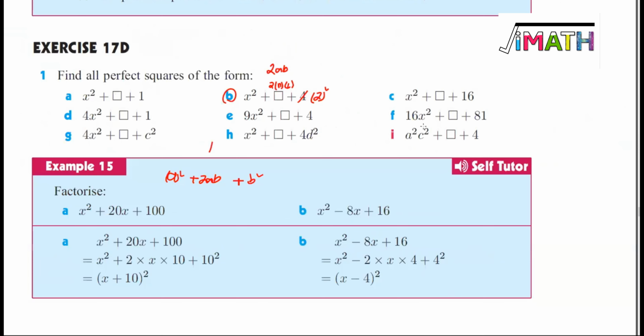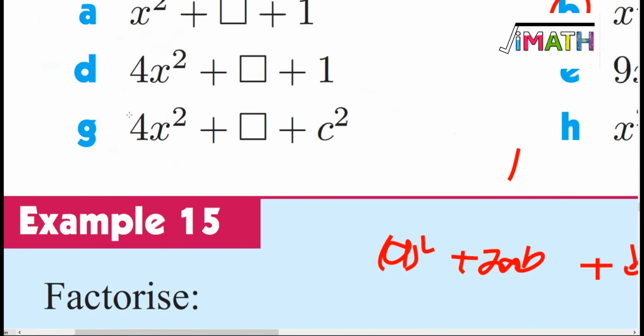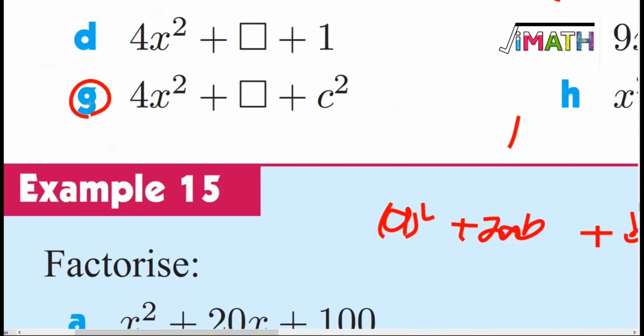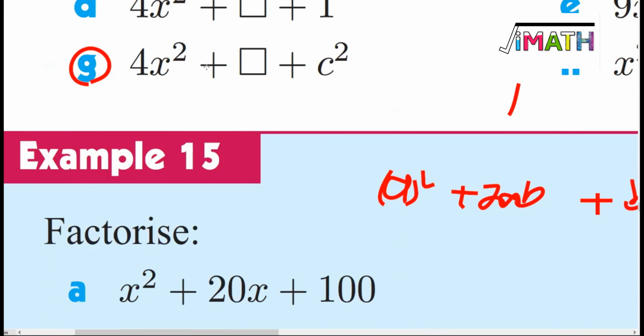What do you think about this question, G? We're trying to find the middle term. First, we need to write a square here and something b square here. So it's going to be 2x whole square.